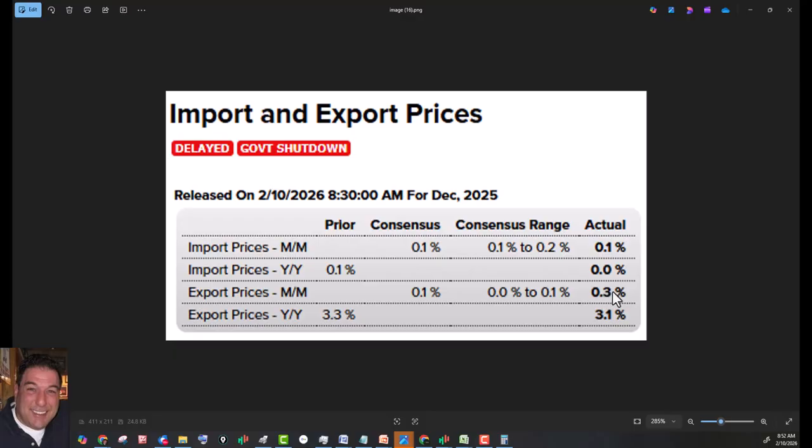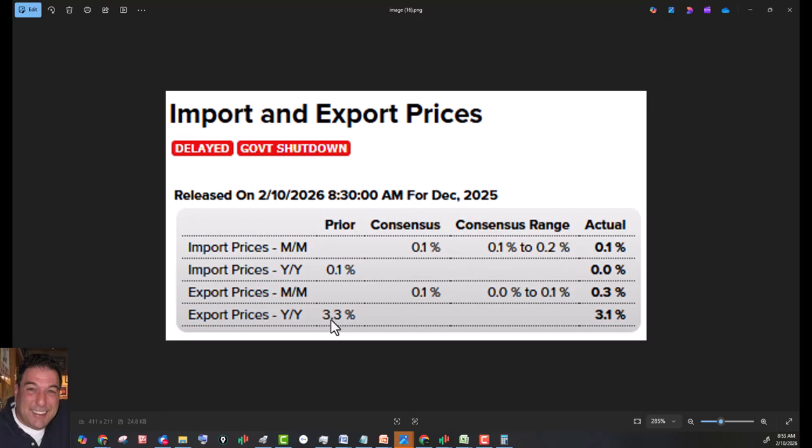So I guess that would be great for the companies selling overseas. That means they're going to take in more revenue, an increase in the top line. It doesn't necessarily mean an increase in the bottom line, but 8 times out of 10 it usually equates to a bigger bottom line, unless management just doesn't have their crap together.